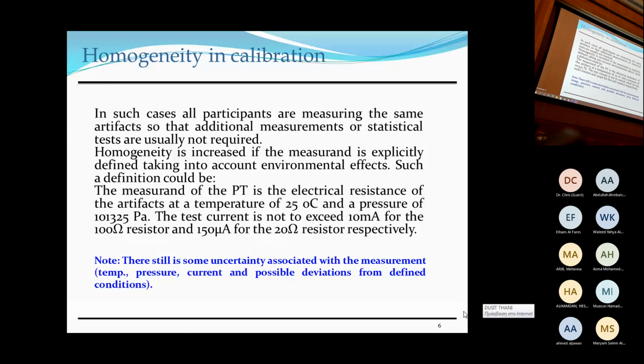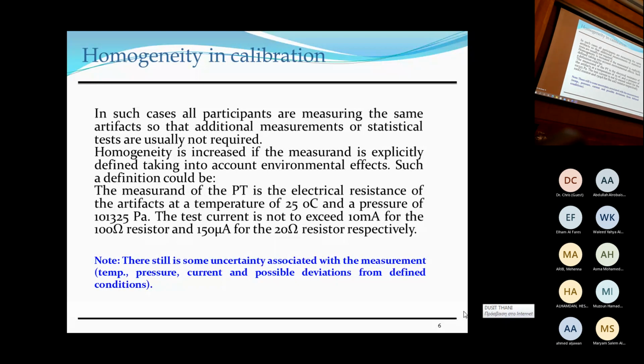So the more you restrict the way that this physical quantity can be measured, the more homogeneous it is expected that the results produced from this instrument will be. Okay, so homogeneity and a good definition of the measurand are, again, very similar in meaning in calibration.